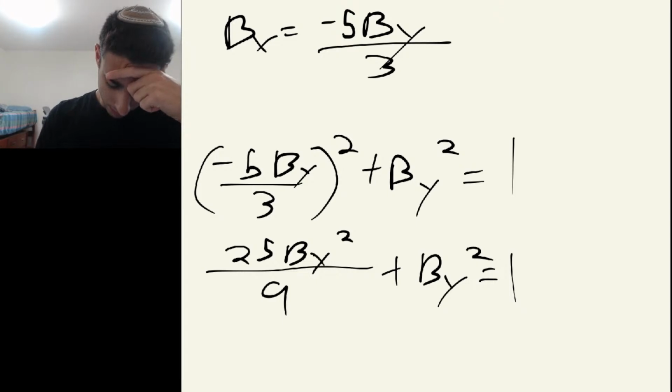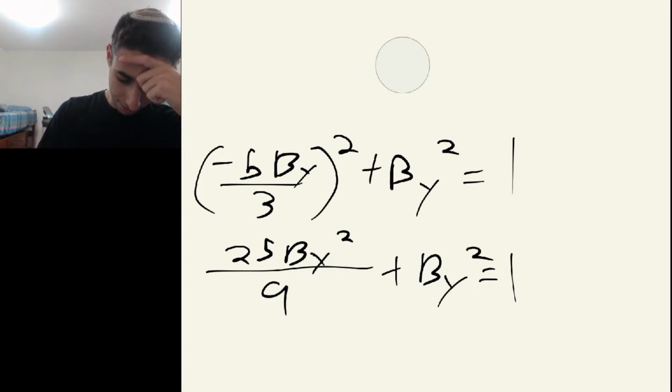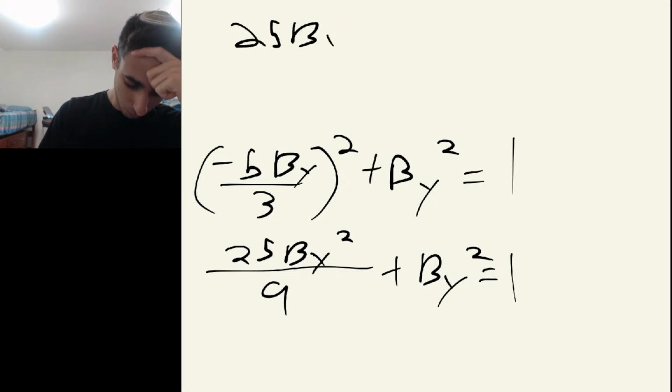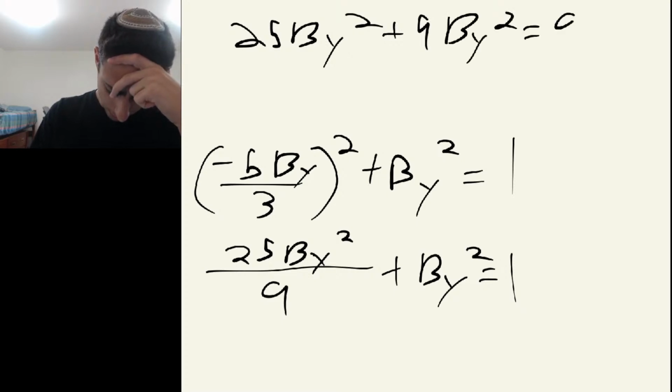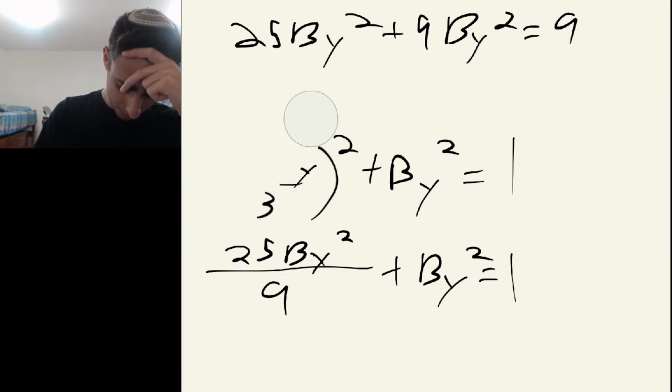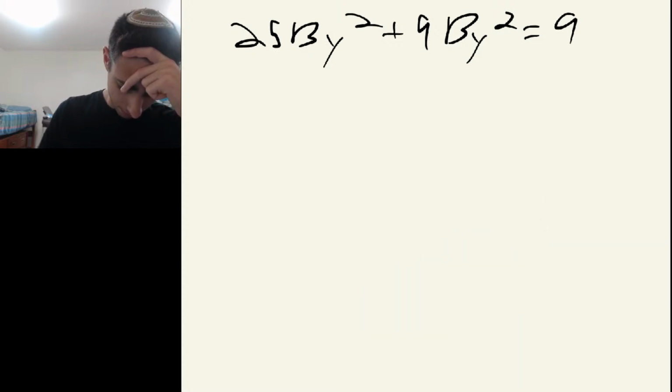Now we can multiply by 9 on both sides. So we'll have 25 by squared plus 9 by squared equals 9. We could take out a by squared on both sides here, since they have a common term.